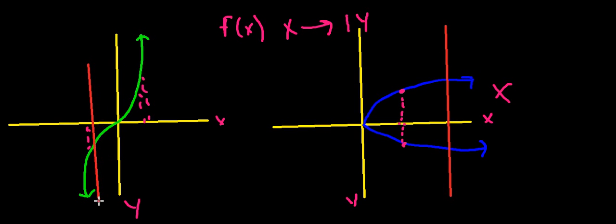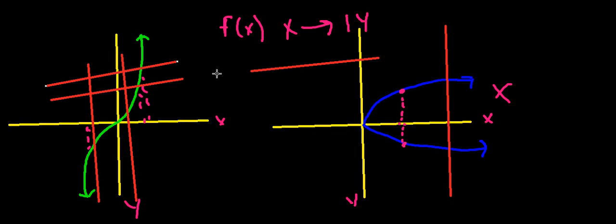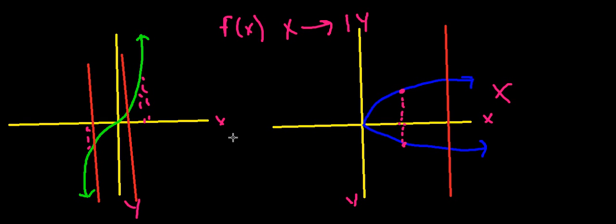See, here we can draw lines anywhere, and it will only intersect one time. Well, they have to be straight lines too. It has to be a vertical line. It isn't, not this way. That's why it's called the vertical line test.